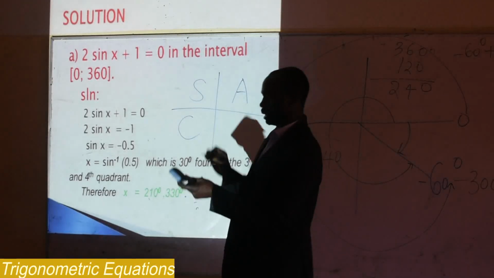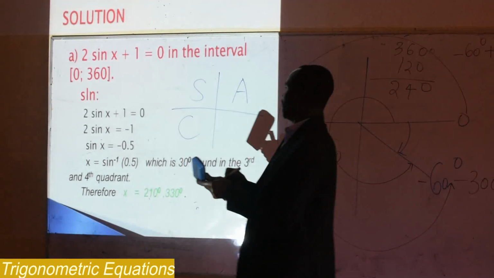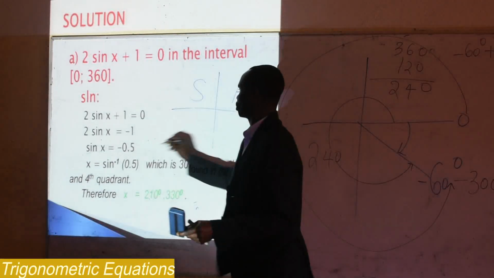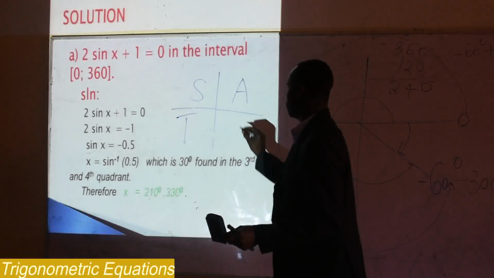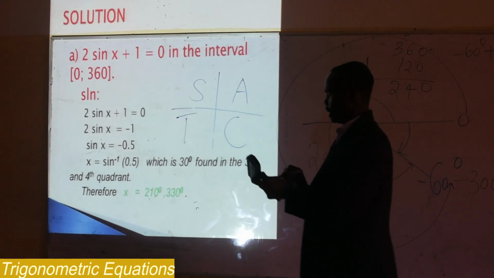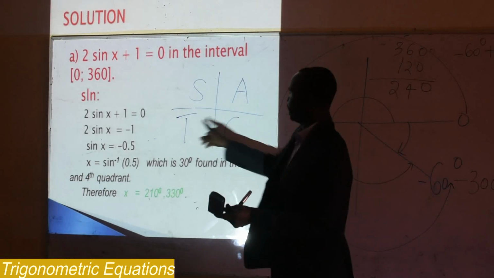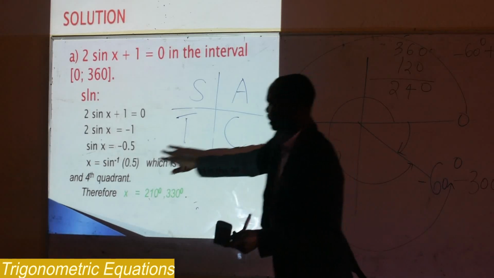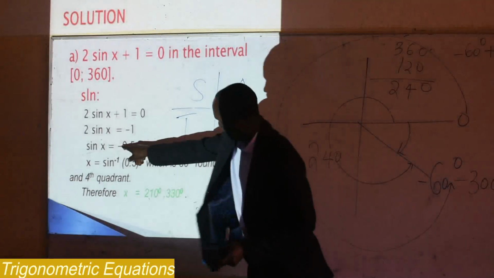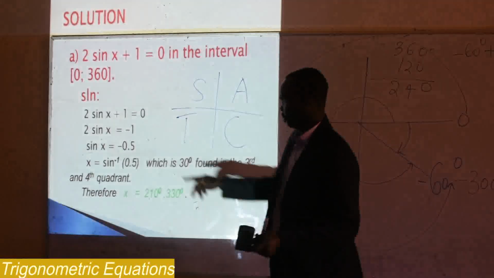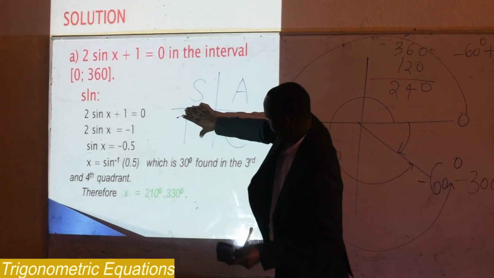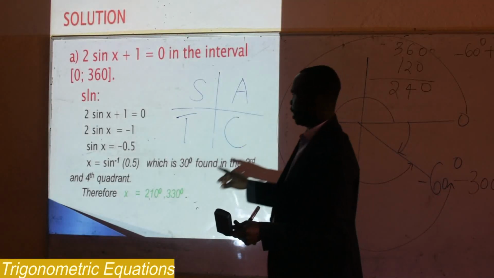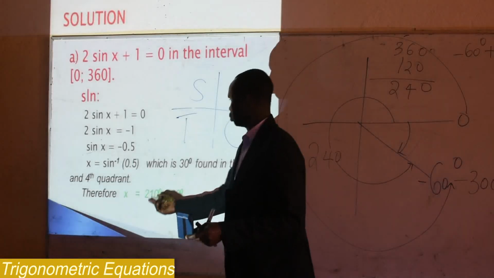So therefore, sine here is negative. Tan here is positive, and the cos here is positive. So here and here is where we have the sign negative. So because of this negative here, we place the angle here and then the angle here. And so therefore the angles are 210 and 330 degrees.